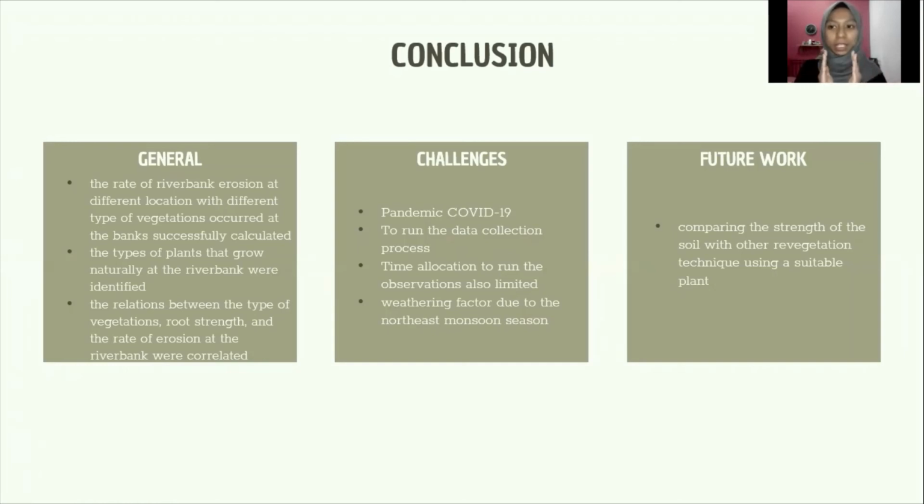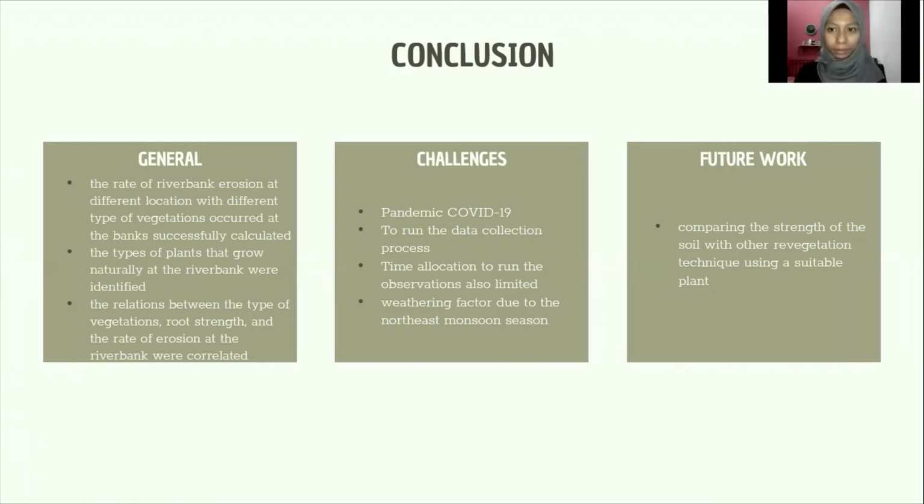It is limited to around the IIUM Gombak campus only, because we cannot go out of the campus. Therefore, the time allocation is very limited, and we also have to deal with the weather due to the northeast monsoon season, where every morning is rainfall. Therefore, some days we cannot go out and take the samples.